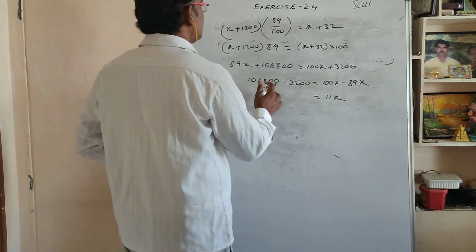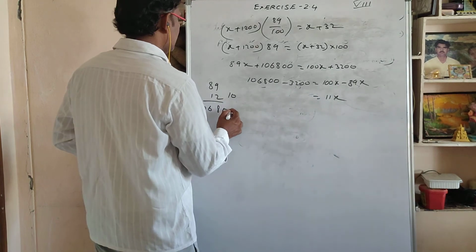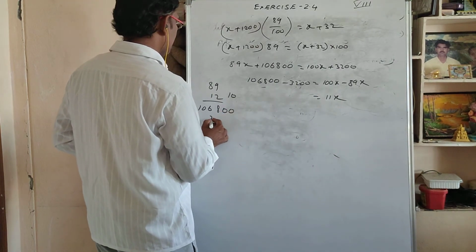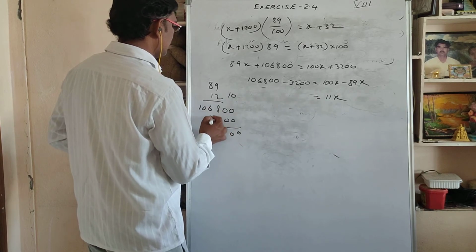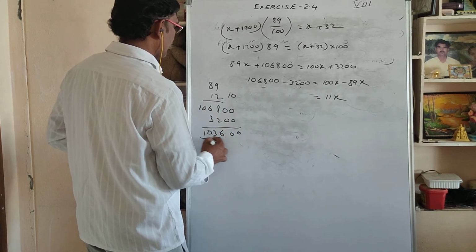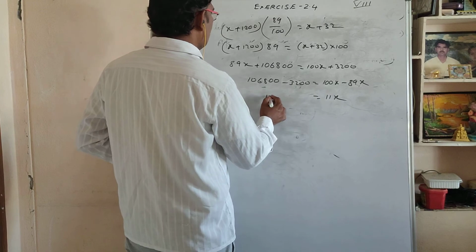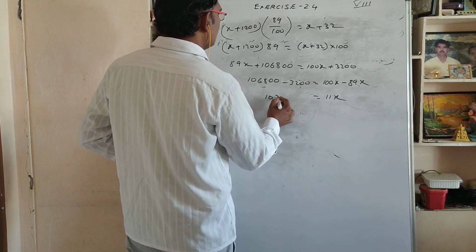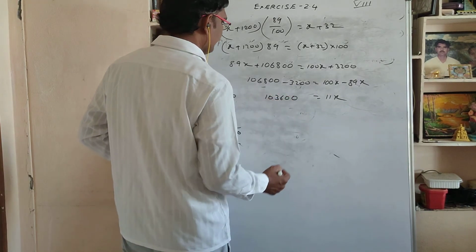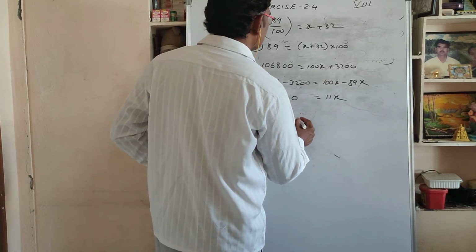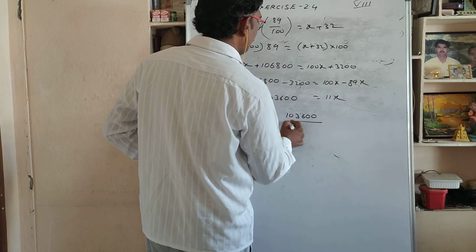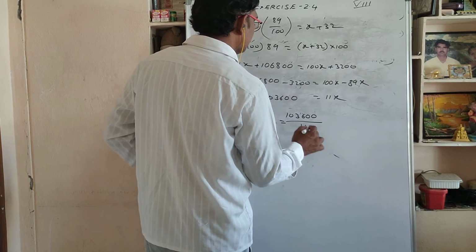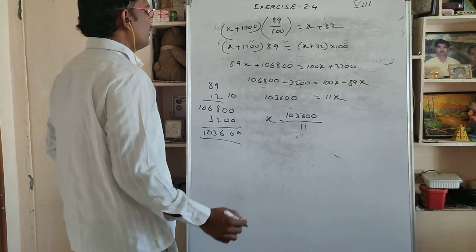This subtraction: 106800 minus 3200, 0, 0, 8 minus 2 is 6, 6 minus 3 is 3, 0, 1. So you are getting 103600. Now 103600 divided by 11 is equal to x. Now you should do division here.